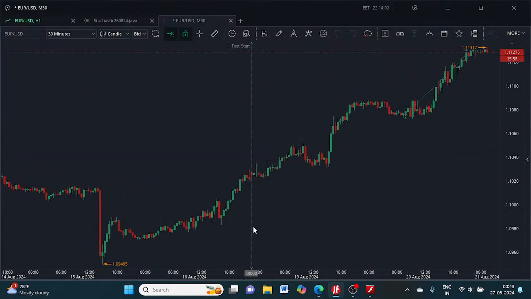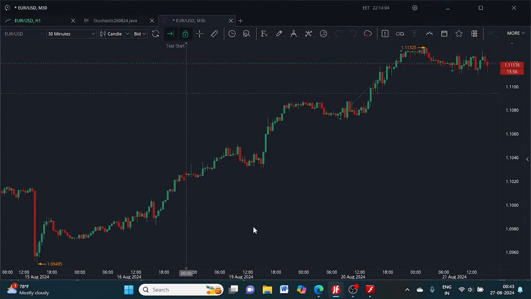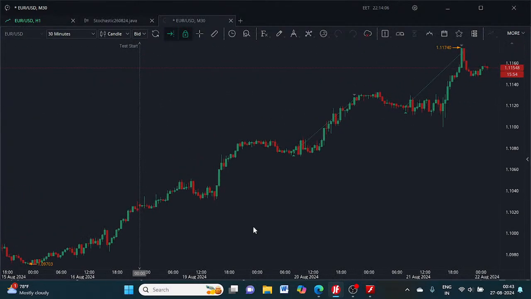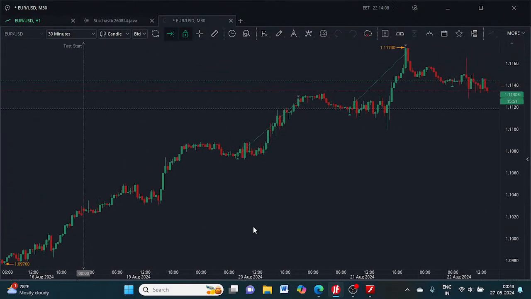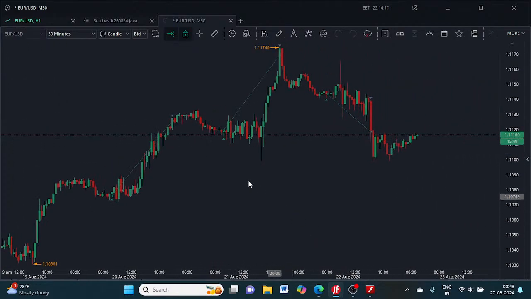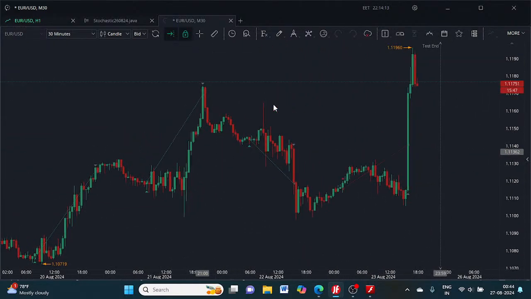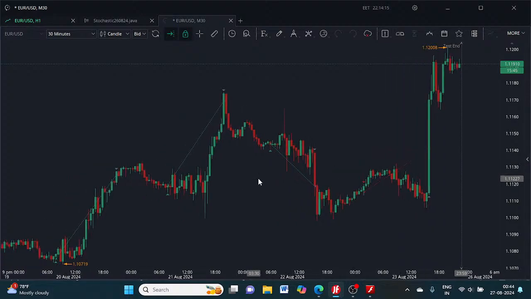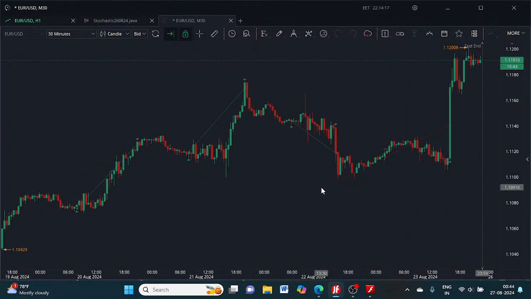Alright, the trade has happened. There was a buy trade. Oh my goodness, we had two trades happening. First, which ended in profit, then two trades next, which ended in loss.